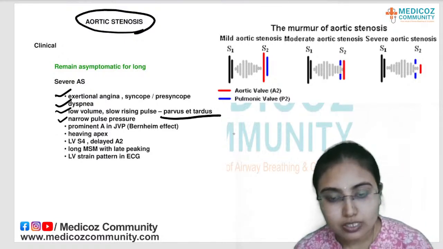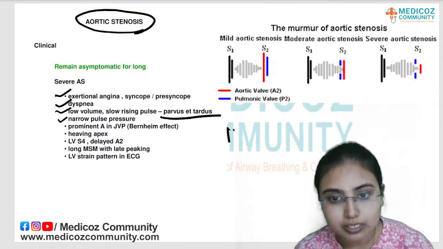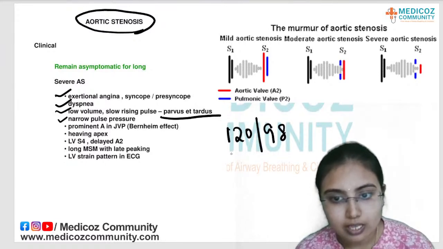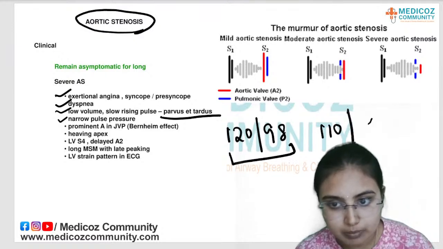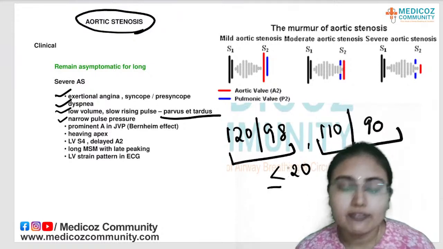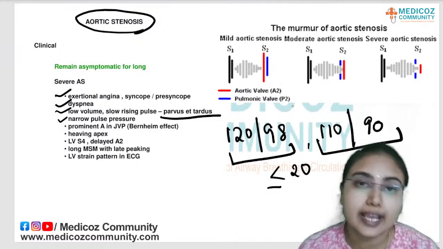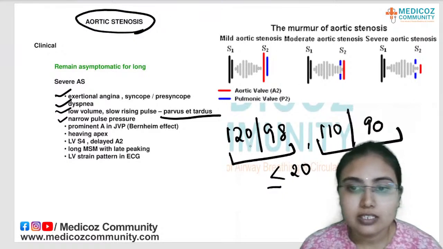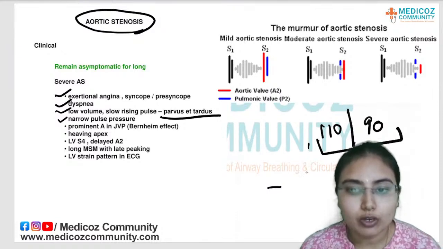What do they mean? So they're saying that the BP will be 120 by 98. Okay, so the pulse pressure is becoming narrow, or it will be 110 by 90. So the very narrow pulse pressure. Okay, less than 20 will be the difference between your systolic and your diastolic. So that is why they're trying to tell you that the disease is progressing.